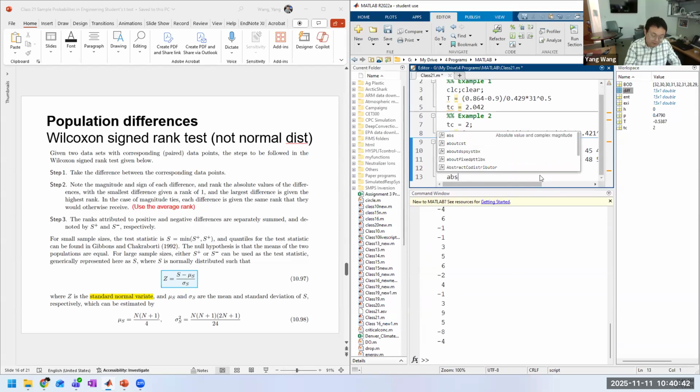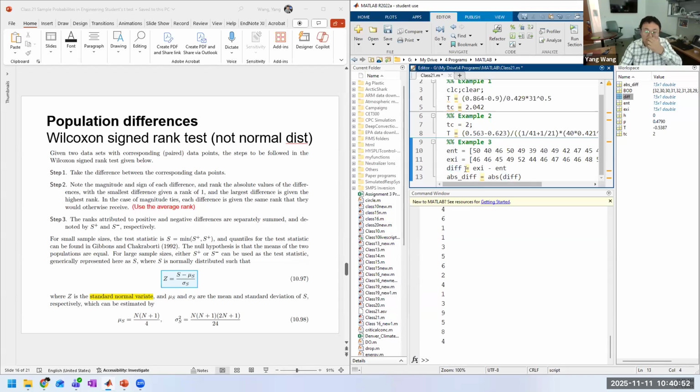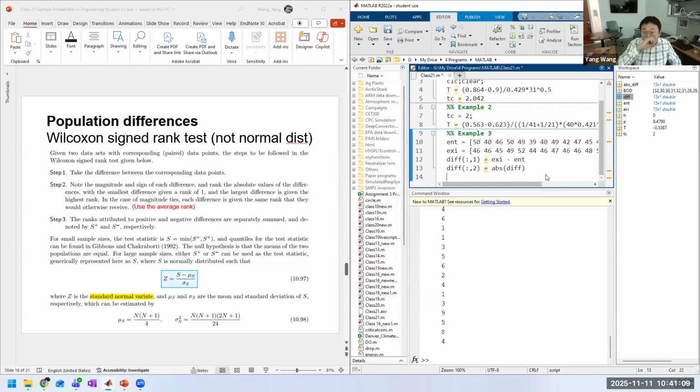So we need to calculate the absolute values, using ABS of the differences. Let's make the difference the first column, and the second column would be the absolute difference.